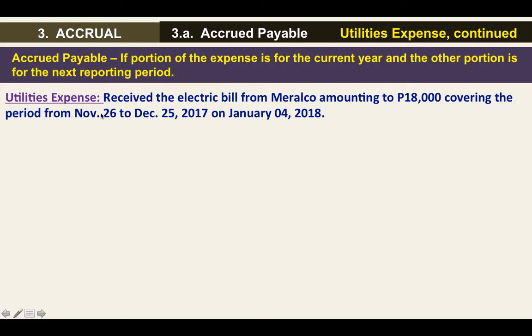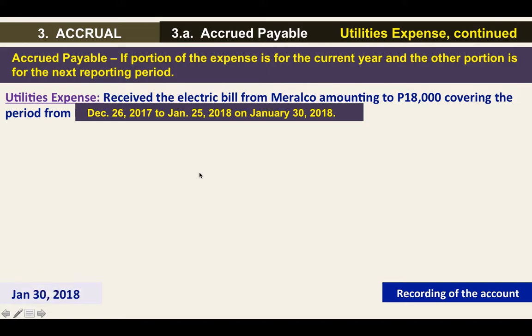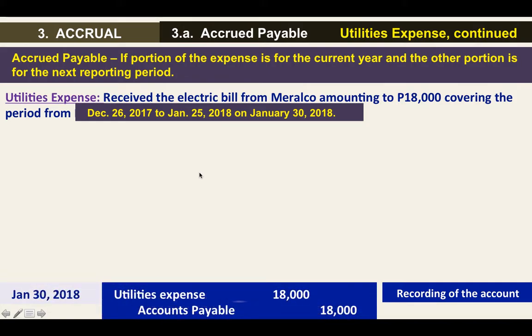And now, because we are going to illustrate accrued payable, the period will cover two periods, the period of the utility bill. So the utility bill is from December 26, 2017 to January 25, 2018. We are on calendar year, so two periods. So on January 30, 2018, when we receive the bill, we can immediately record debit utilities expense 18,000 and credit accounts payable.